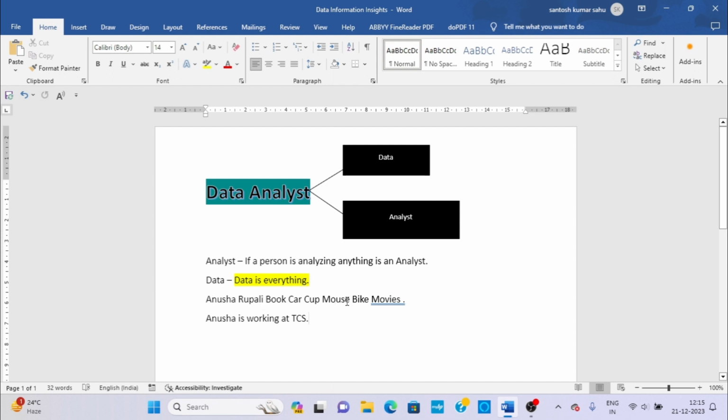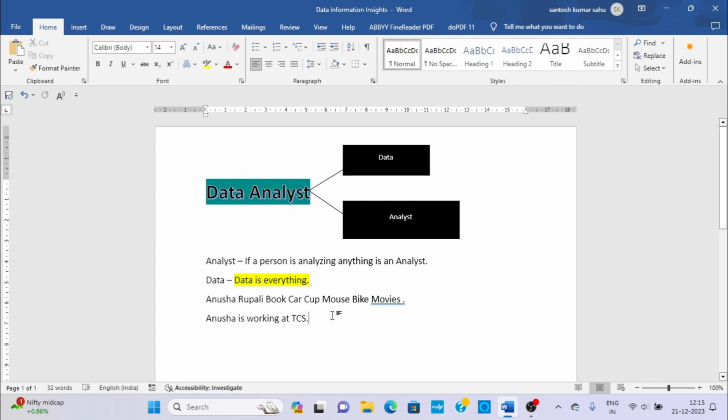In the previous sentence, Anusa Rupali book car cup mouse bike movies, you didn't get any type of information. It doesn't make any sense, so you didn't understand the meaning of this sentence.